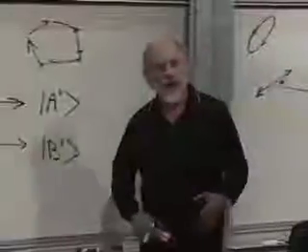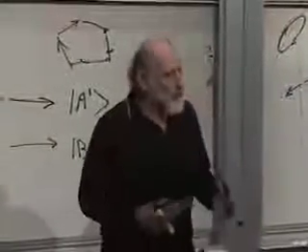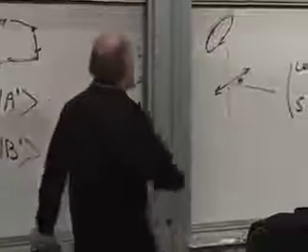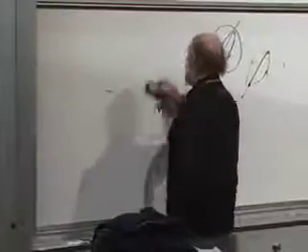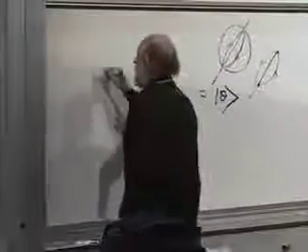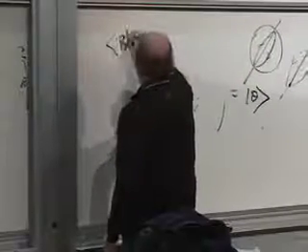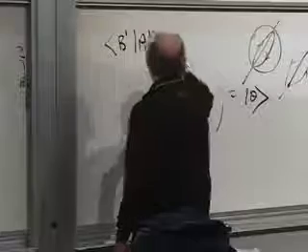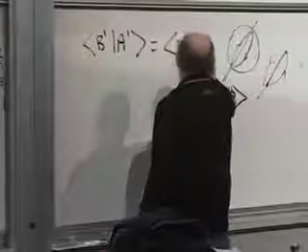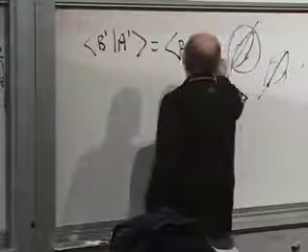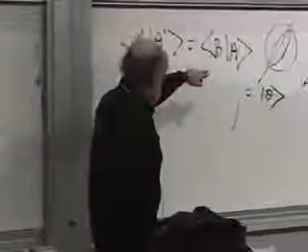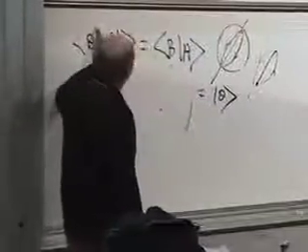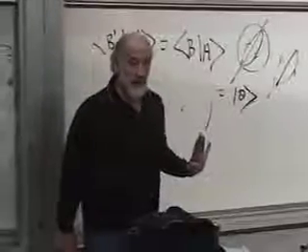conservation of information idea, the basic conservation of distinctions or relationships between states, simply says that the inner product of B prime with A prime is the same as the inner product of B with A. In other words, for example, if A and B are the same state, then after they evolve, A prime and B prime will be the same.